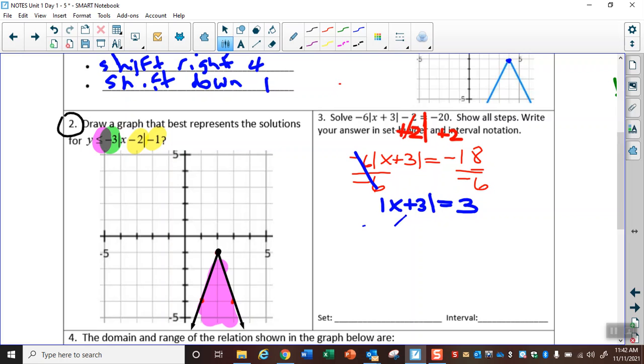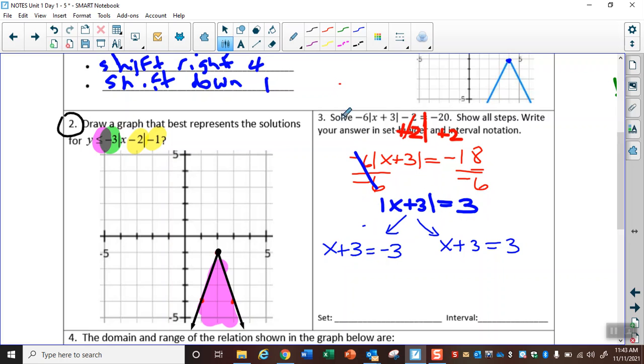It's equals, so I'm going to have two equations that I write down. x plus 3 can equal -3, or x plus 3 can equal +3. Either way, that will give me 3, because absolute value makes everything positive.